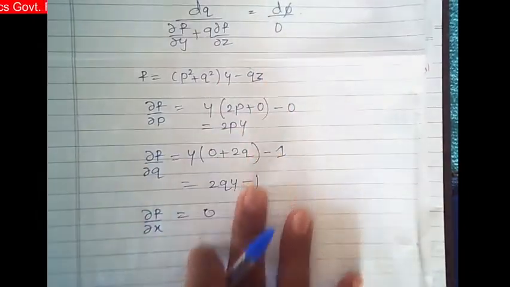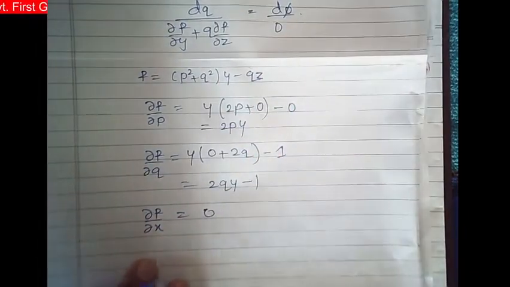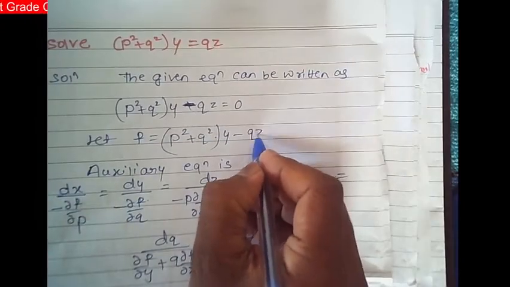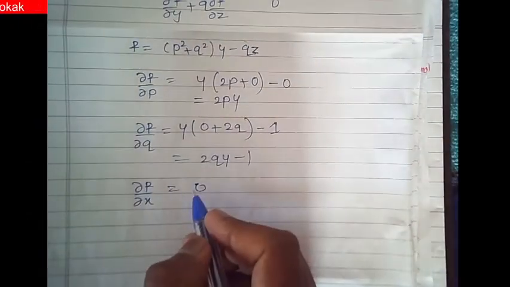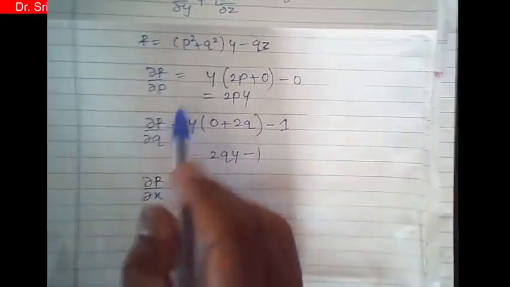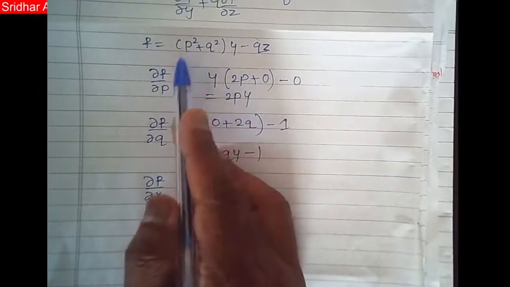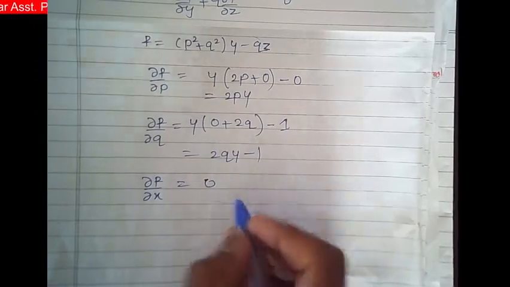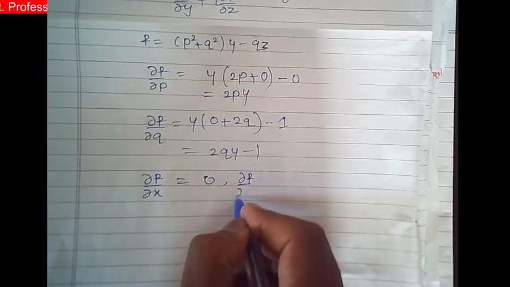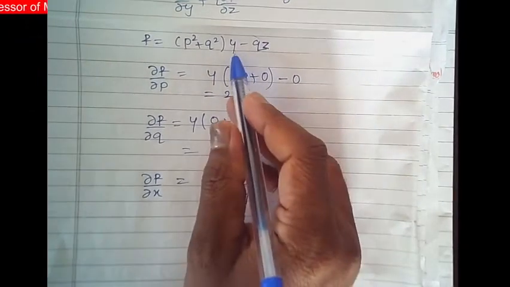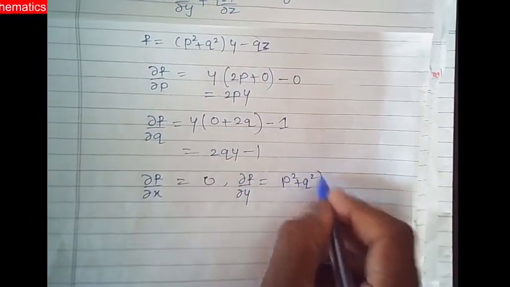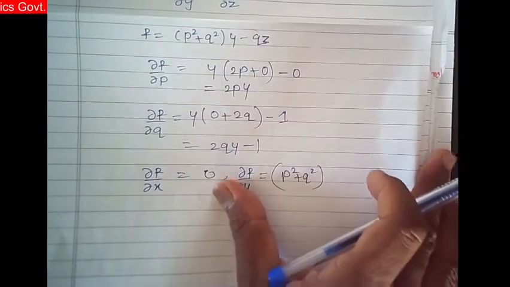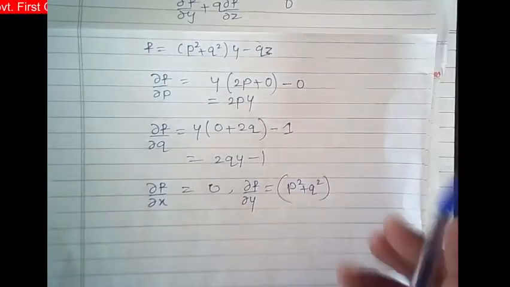Now here it is qz, because z is there. Differentiating with respect to x, in this there is no x term, so differentiation of this whole with respect to x is 0. Next, differentiating with respect to y. Now the y term is there, all other functions are constant, so it is (p square plus q square) into differentiation of y with respect to y, which is 1.